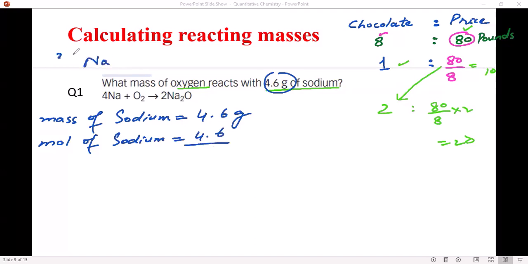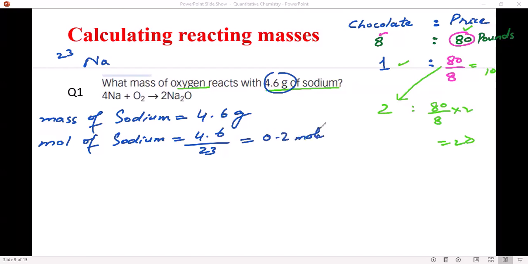You can see in the periodic table, this is 23. So 4.6 divided by 23. Be careful in calculation because mistakes are very common. Just forget a digit and everything will be mixed up. So this is 0.2 moles.